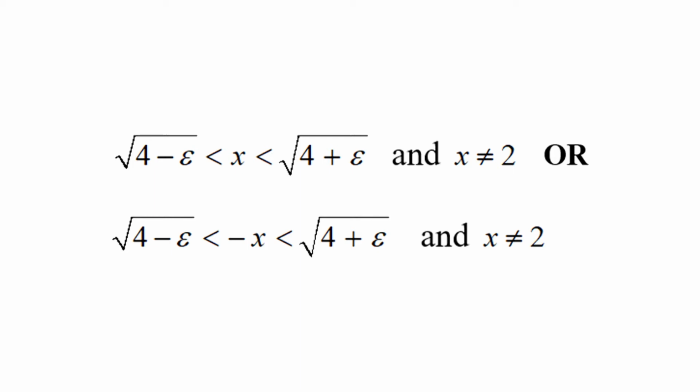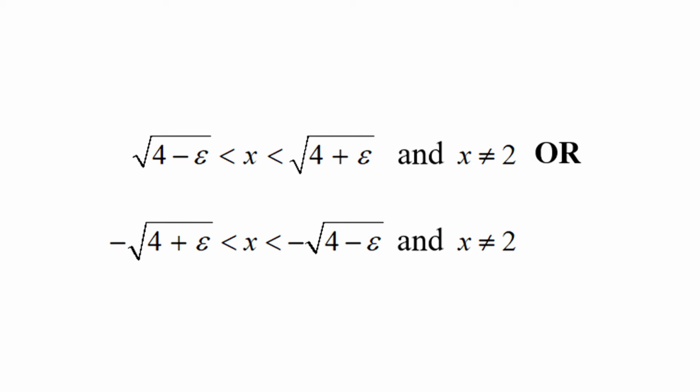Which is equivalent to square root of 4 minus epsilon less than x less than square root of 4 plus epsilon, where x not equal to 2, or square root of 4 minus epsilon less than negative x less than square root of 4 plus epsilon and x not equal to 2. Which is equivalent to square root of 4 minus epsilon less than x less than square root of 4 plus epsilon and x not equal to 2, or negative of square root of 4 plus epsilon less than x less than negative of square root of 4 minus epsilon and x not equal to 2.